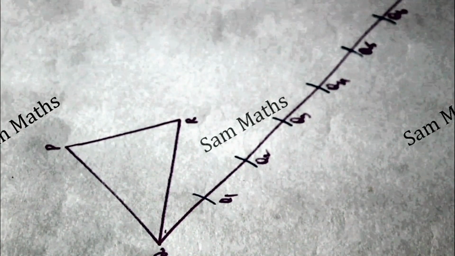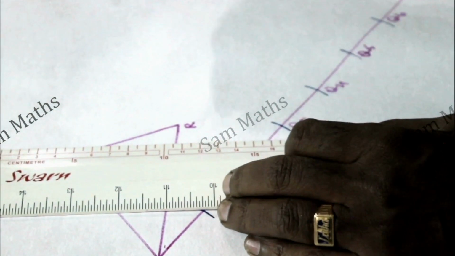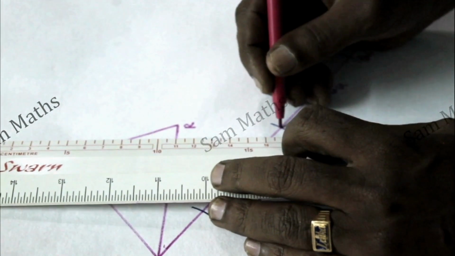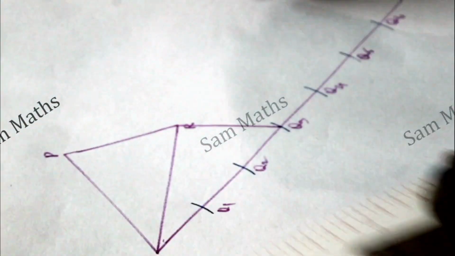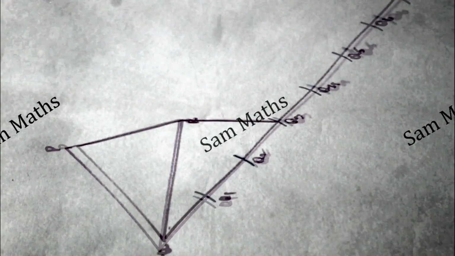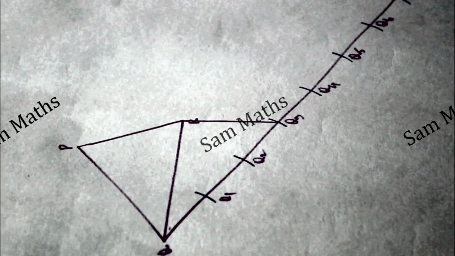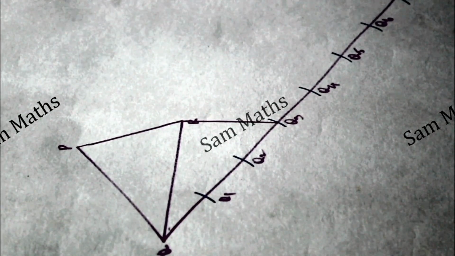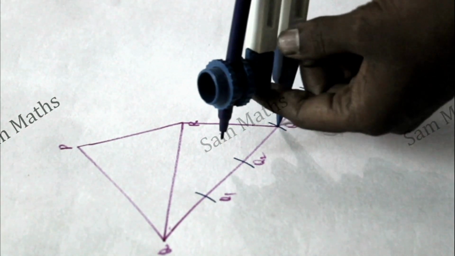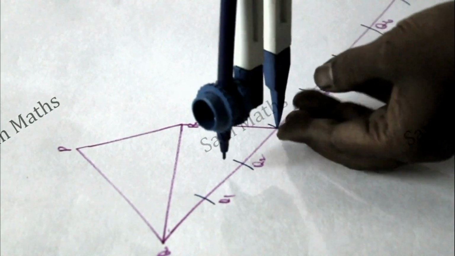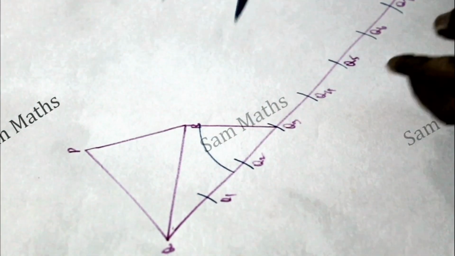Now you can join Q3 and R. Since in the problem it's given 7/3. So Q3 and R you have to join. Okay, children. Now you take convenient radius and Q3 as center, you have to draw the arc like this. Okay, children.